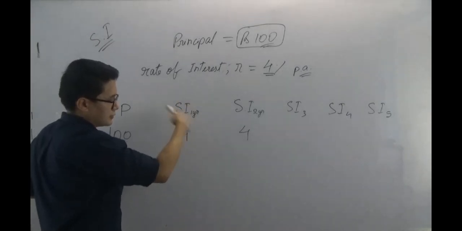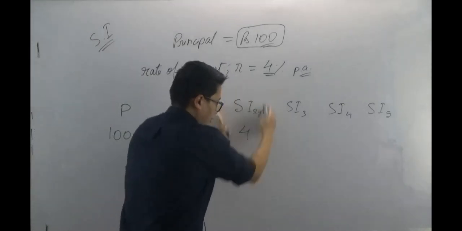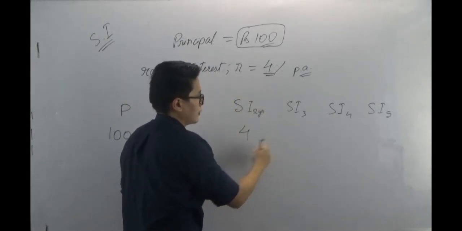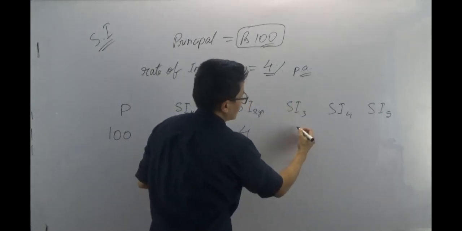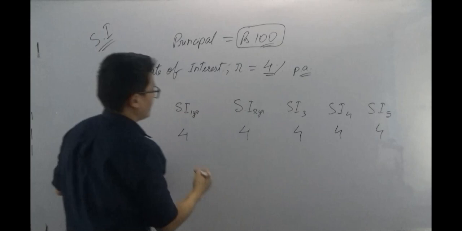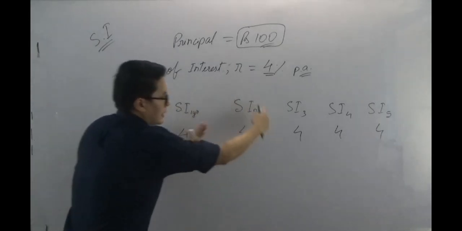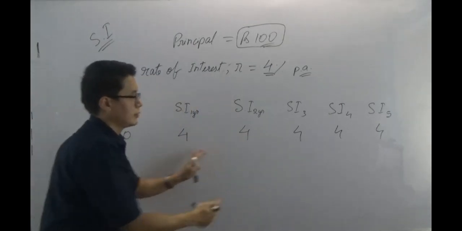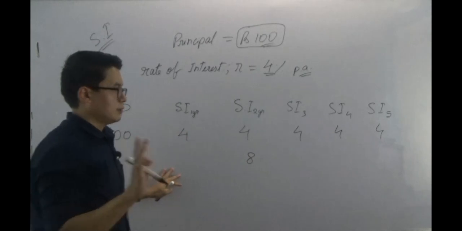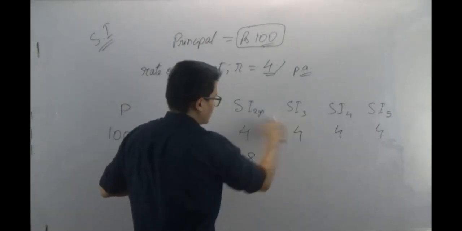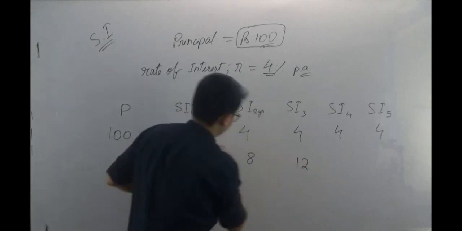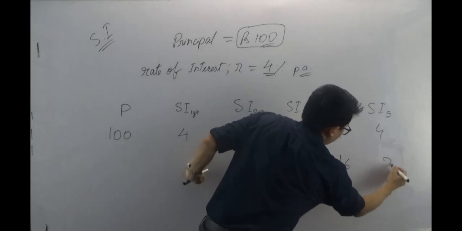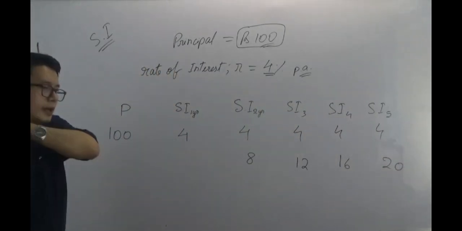The interest for that particular first year is 4, for the second year only it is 4, and the interest for the third year will be 4. But the accumulated interest: for the second year combined with the first year, you get 8. For the third year, 12, because 4 plus 4 plus 4 is 12. The fourth year is similarly 16, then 20.